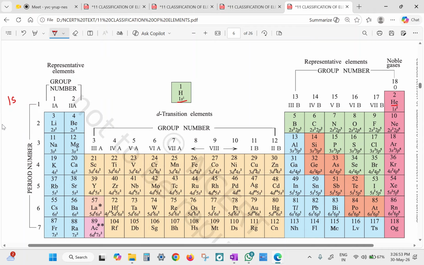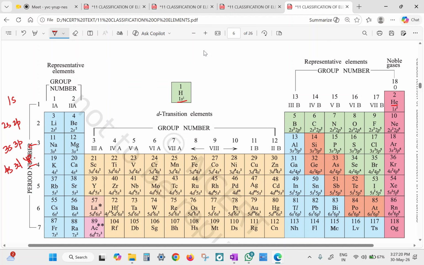In period number 2, it is 2s and 2p. In period number 3, it was 3s and 3p. But in period number 4, it is 4s followed by 3d, then comes 4p. So you will find a total of how many? 18 elements because 18 electrons are going in. Is that okay?